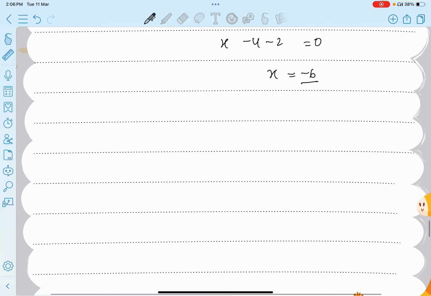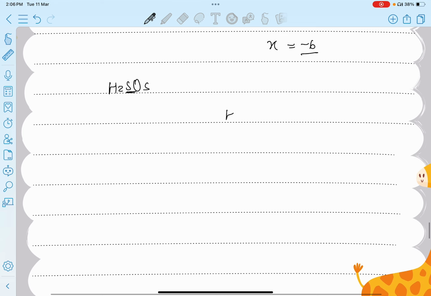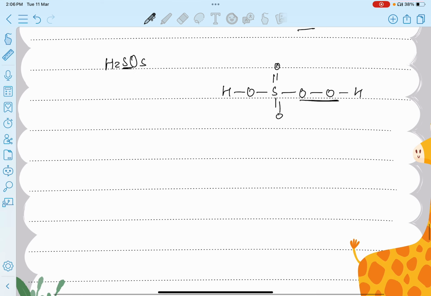Now, the oxidation state of sulfur in H2SO5, this is also an exception. The bonding looks like this: O, S, O, O, O and H. So these two are peroxide oxygen and these two have minus 1 oxidation state. So we can write it as H2SO3 and O2.